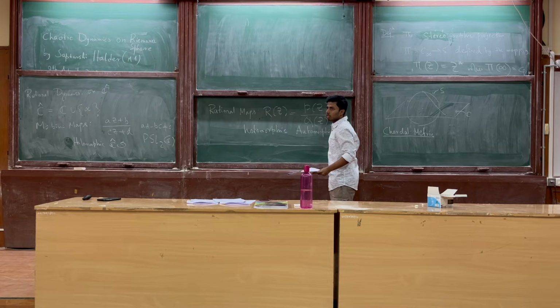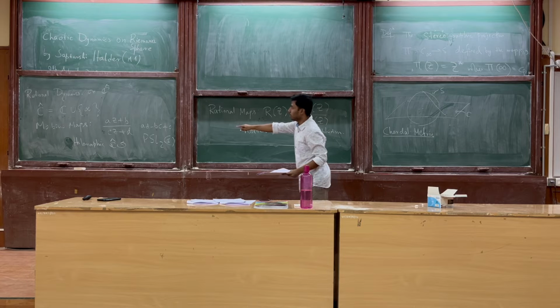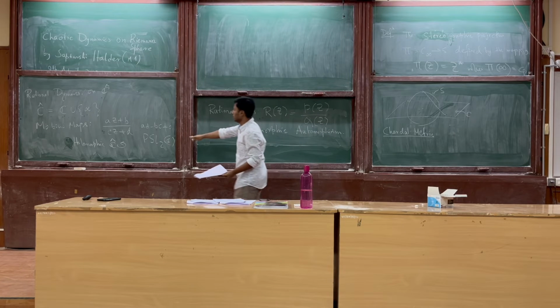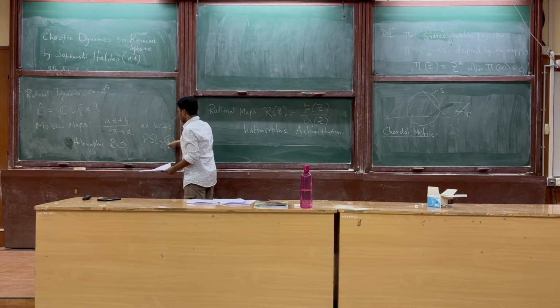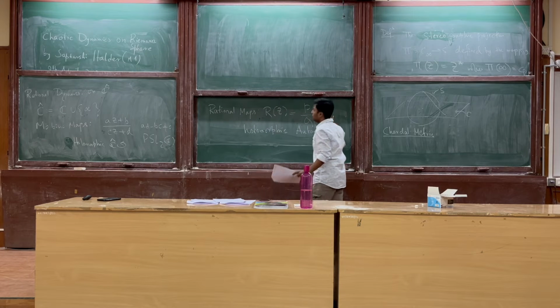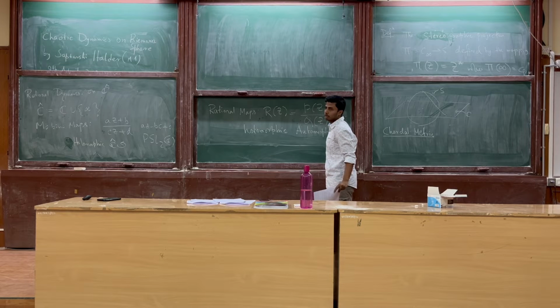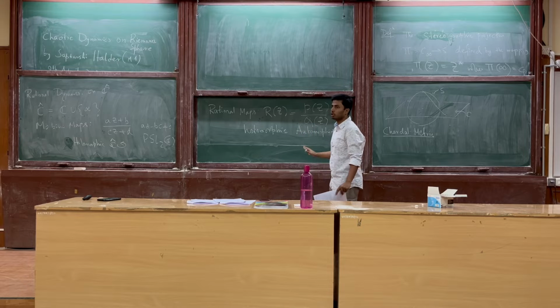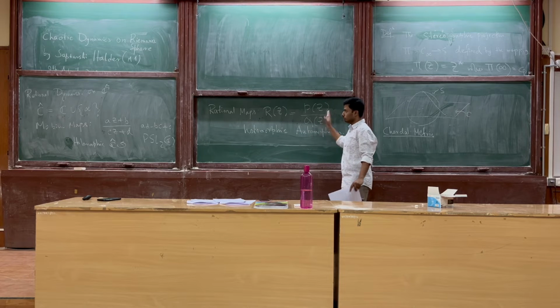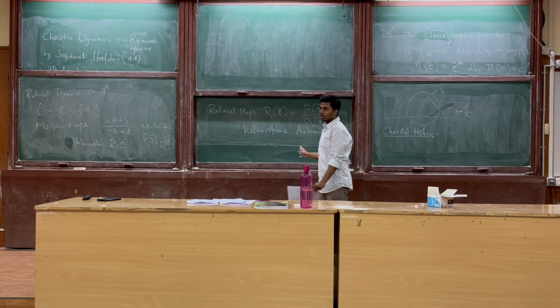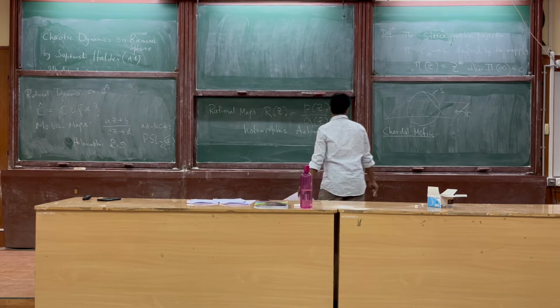Then the automorphism group is precisely PSL(2,C), right? Yes. But we will give some restriction on the degree of these rational maps. So R is not always an automorphism; we will impose some condition on the degree for it to be a holomorphic automorphism. That is something we will come to here.